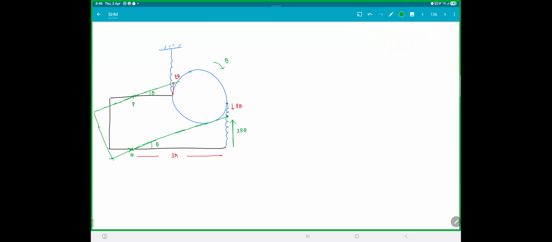So did you see what happened here? This 3r theta is the compression because the rod rotated. This r theta is the compression because the disk rotated.